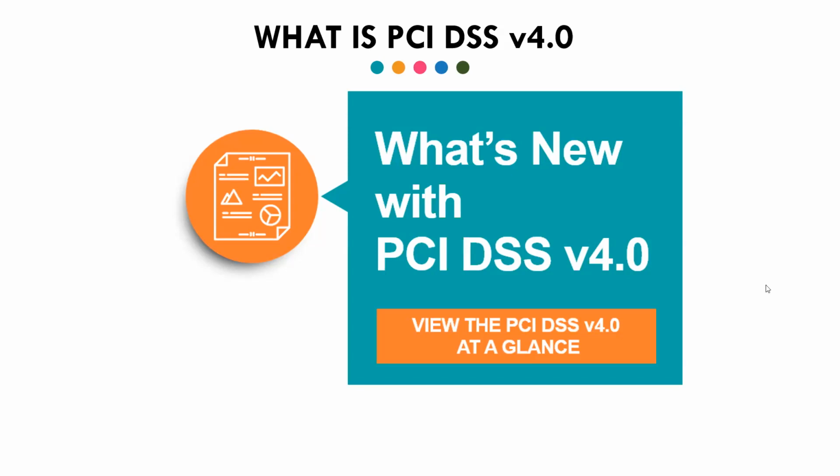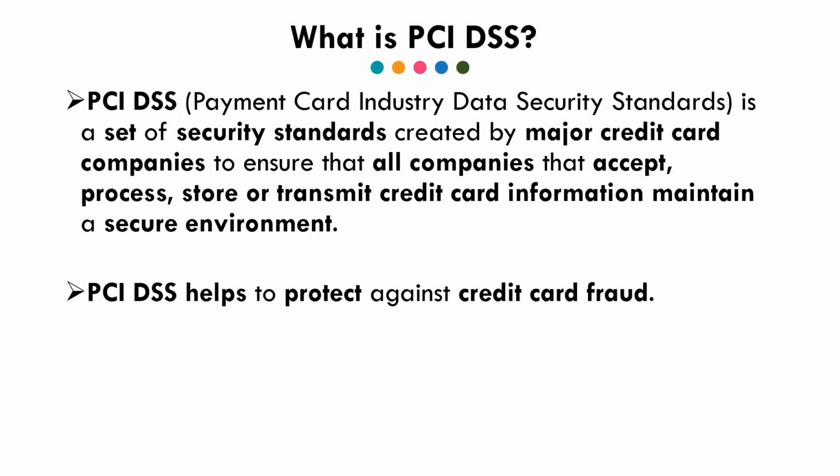So we will begin with what is PCI DSS version 4. Version 4 came up not too long ago, March, April 2021, right? But talks about it started around late 2020, early 2020.